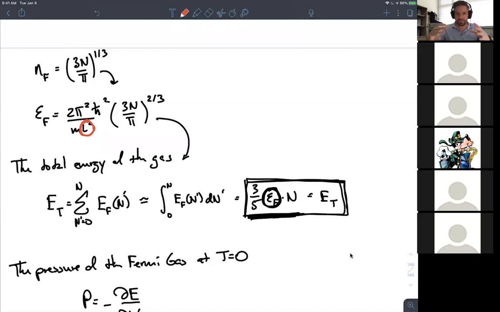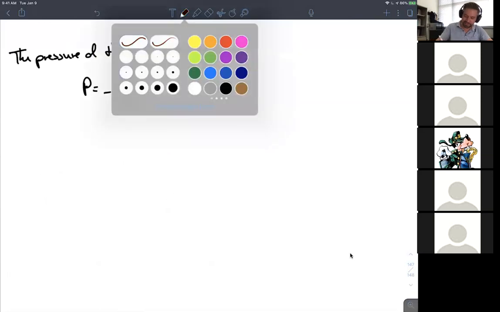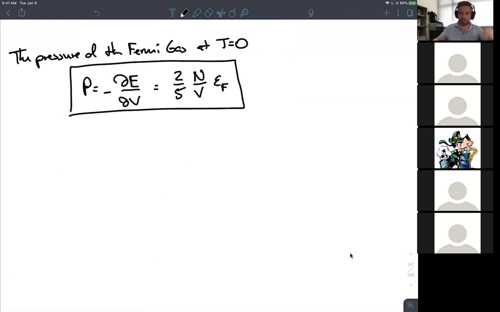So if you take this expression for the Fermi energy, rewrite it in terms of the volume, and then differentiate with respect to the volume, what you will get is 2/5 N over V times the Fermi energy. Okay, so that is the pressure of a Fermi gas at T equals 0.